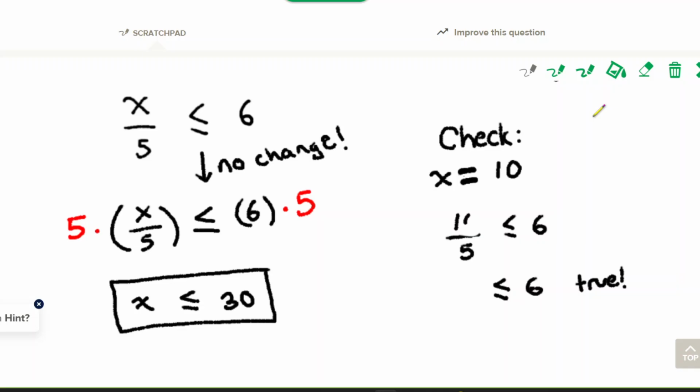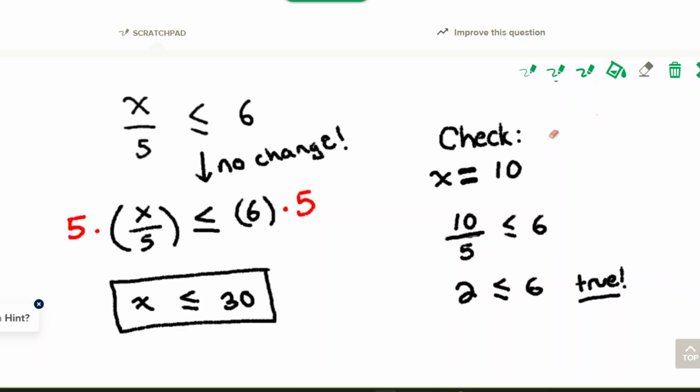If I put in 10 for x, now the left side looks like this. 10 divided by 5 is less than or equal to 6. 10 divided by 5 is 2, right? And is 2 less than or equal to 6? That's true, because 2 is less than 6. 2 is smaller than 6. 2 is left of 6 on the number line.